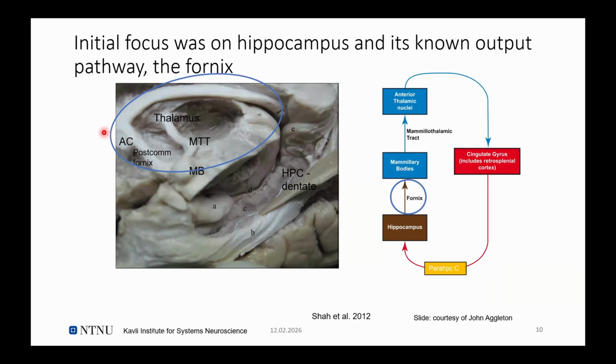Unfortunately, it turned out that people tried to mimic the symptoms of HM by doing fornix lesions in animals, because the idea was that it was a lot easier to cut the fornix than to take out the entire hippocampus in an animal. But it turned out that fornix lesions never mimic the full-scale deficits that HM showed.